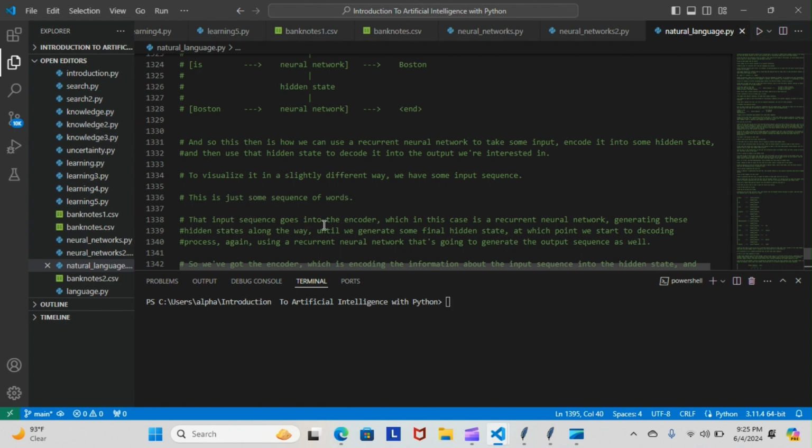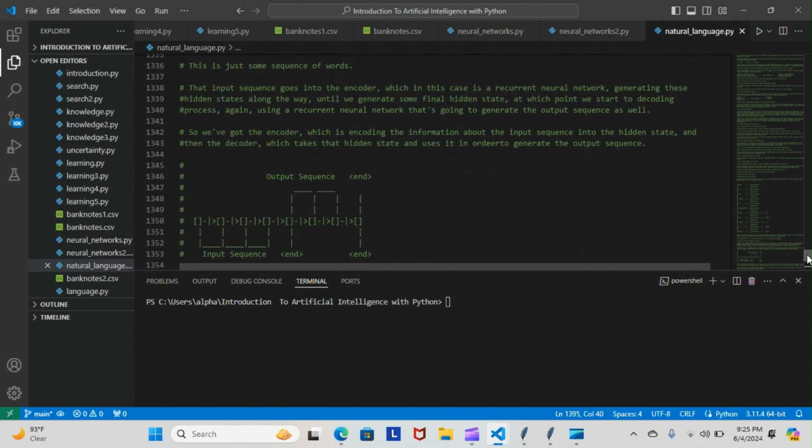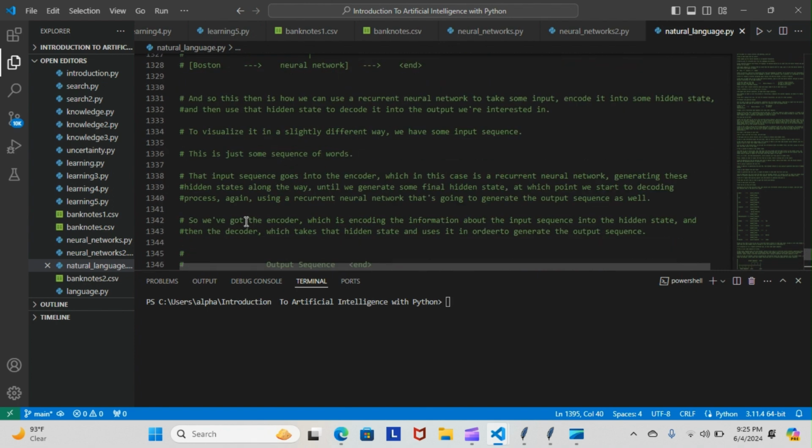That input sequence goes into the encoder, which in this case is a recurrent neural network, generating hidden states along the way until we generate some final hidden state, at which point we start the decoding process, again using a recurrent neural network that generates the output sequence as well. So we have the encoder, which is encoding information about the input sequence into the hidden state, and then a decoder, which takes the hidden state and uses it to generate the output sequence.